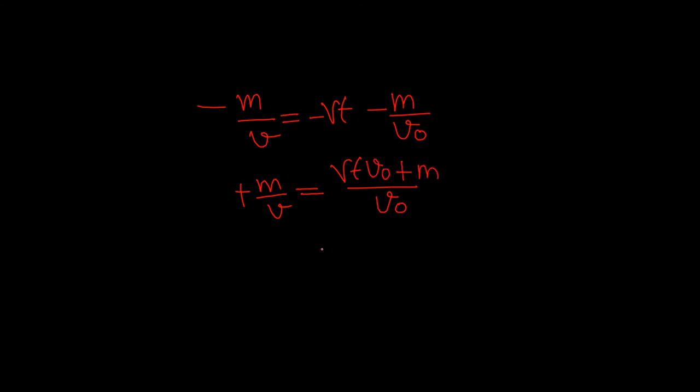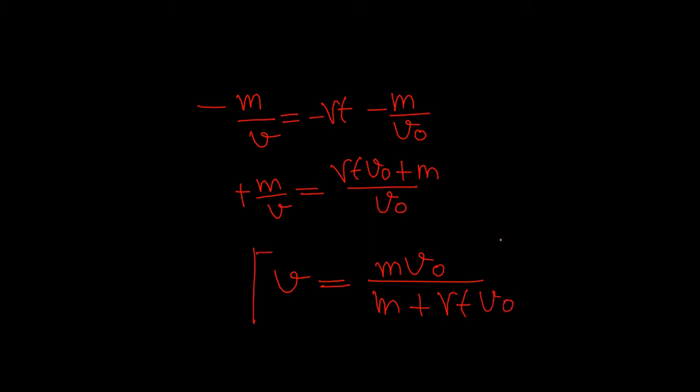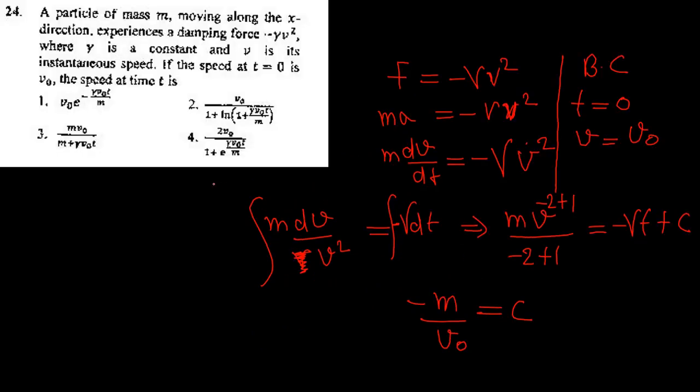Now multiply by m over here and invert this whole equation. You will get v is equal to m v naught upon m plus gamma t v naught. So this will be your answer. Now check from the options. As you can see, answer 3 will be correct.